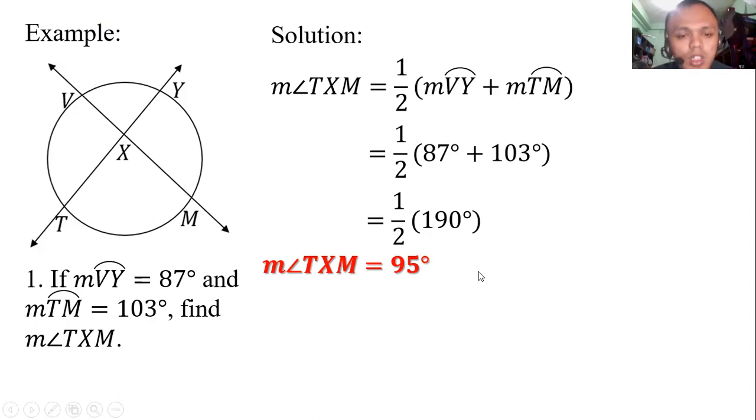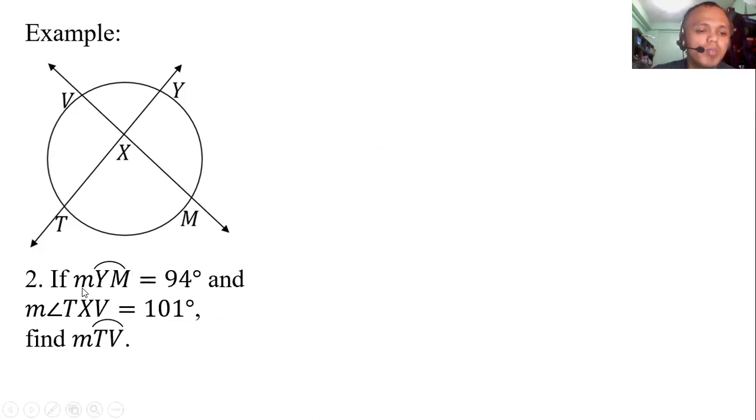Next, number 2. If measure of arc YM naman, this time, itong part na to, is 94 degrees and measure of angle TXV is 101 degrees. What is the measure of arc TV?